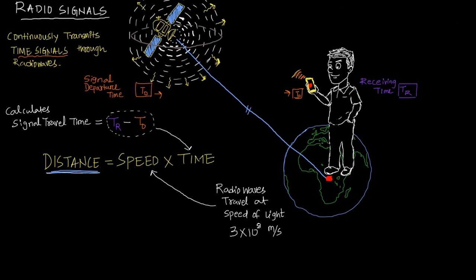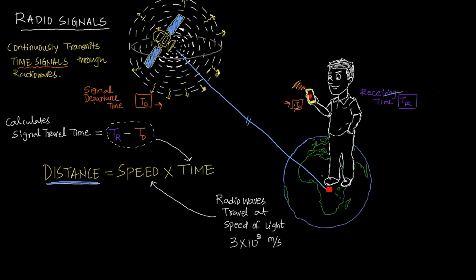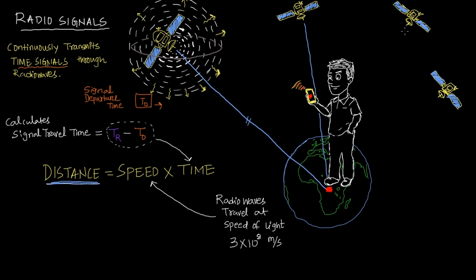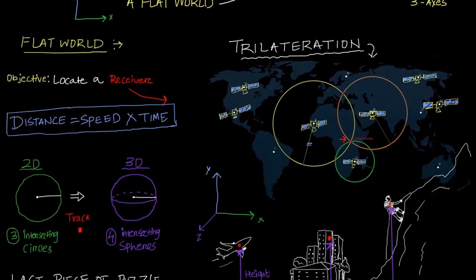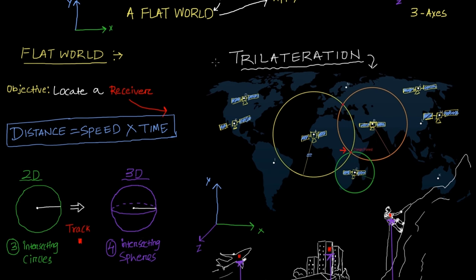GPS technology does the same calculation for 3 other satellites and finds 3 more distances. So in total you have 4 satellites, 4 distances, and then it applies trilateration, the new word that we have just learned.